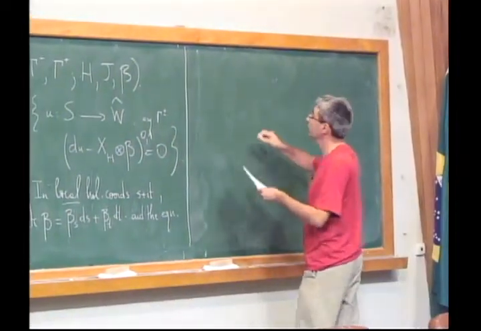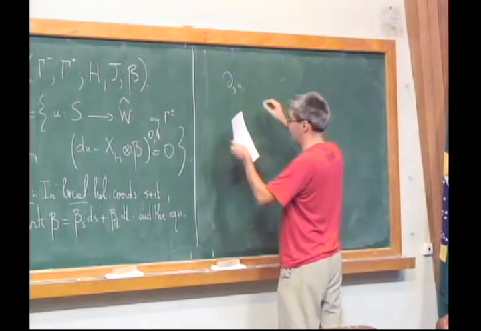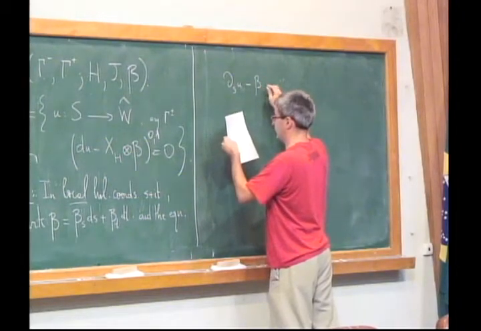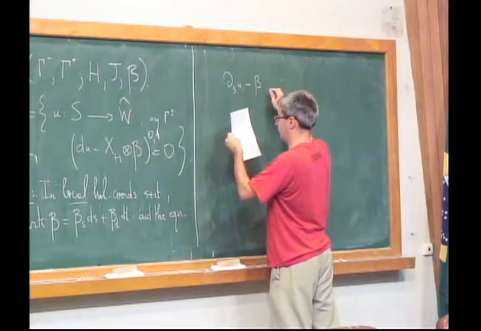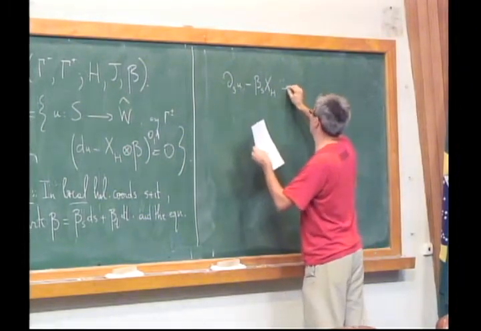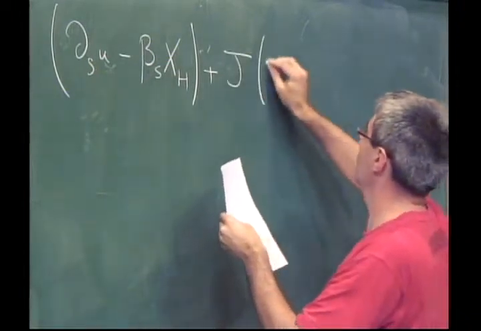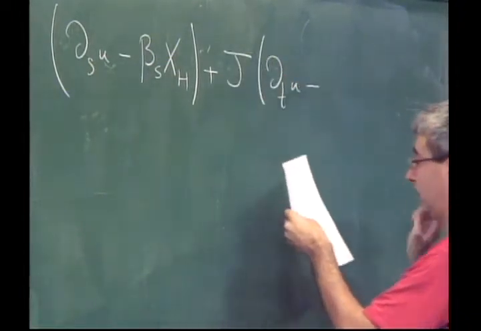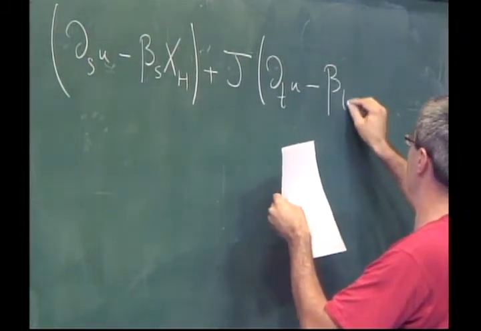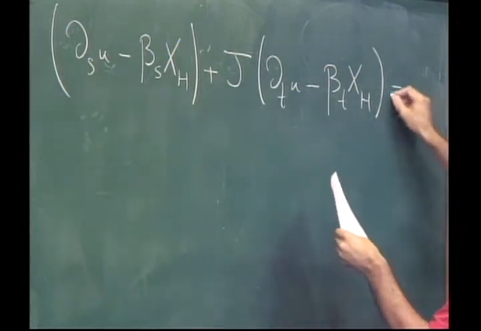So it's going to be d_s u minus beta_s X_H plus J (d_t u minus beta_t X_H) equals 0.